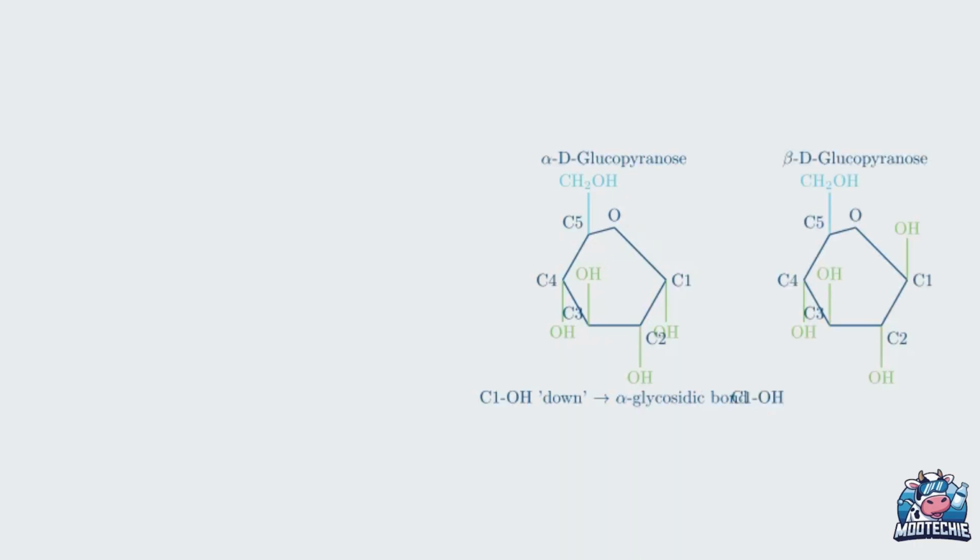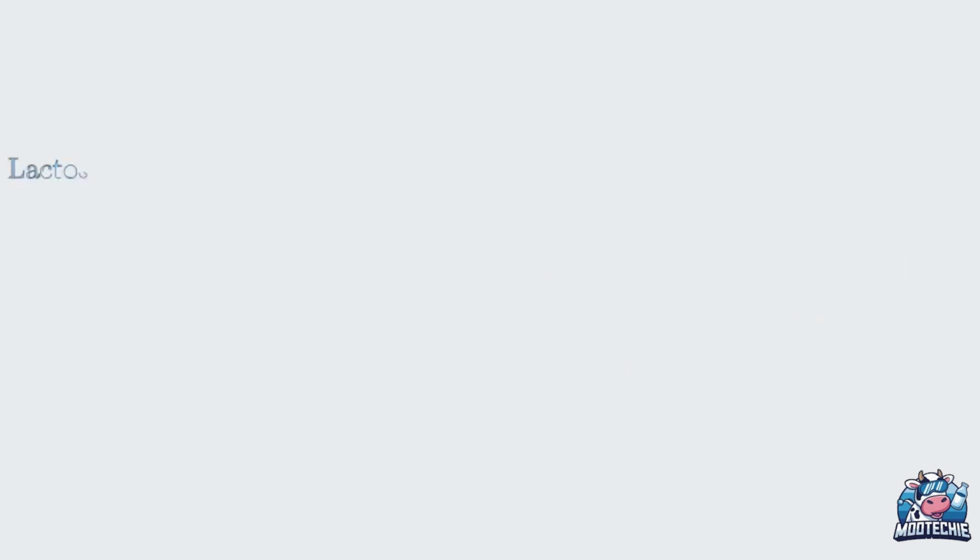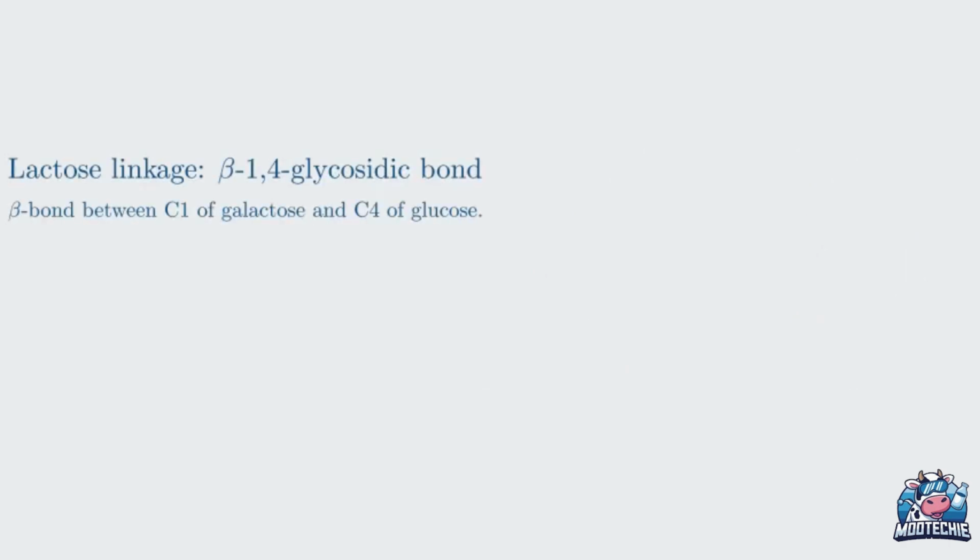Conversely, if the C₁OH group were in the alpha position, pointing down, the resulting bond would be an alpha-glycosidic bond. A common example of an alpha-glycosidic bond is the one found in table sugar, sucrose. So, combining what we've learned, the complete name for the linkage in lactose is a beta-1,4-glycosidic bond. This means a beta-configured bond is formed between carbon 1 of galactose and carbon 4 of glucose.